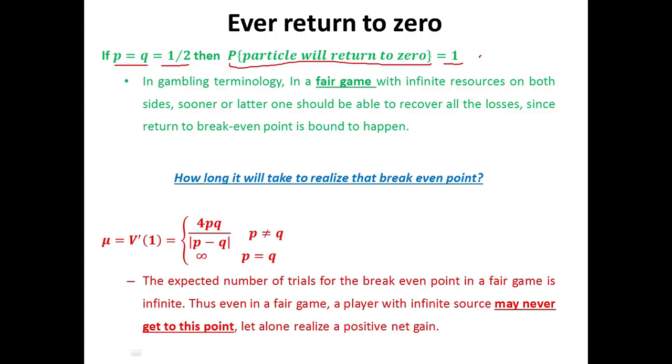Now if we apply this logic in gambling, then in a fair game, that is probability of failure equals probability of success, with infinite resources on both sides, the probability that the particle will return to 0 equals 1.